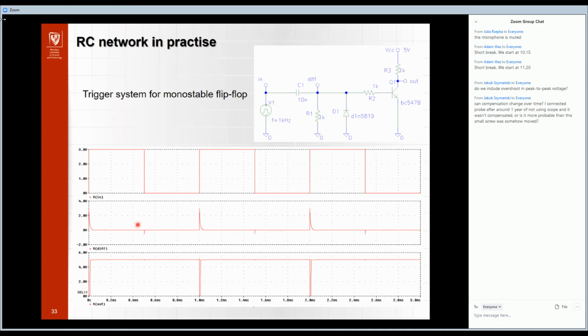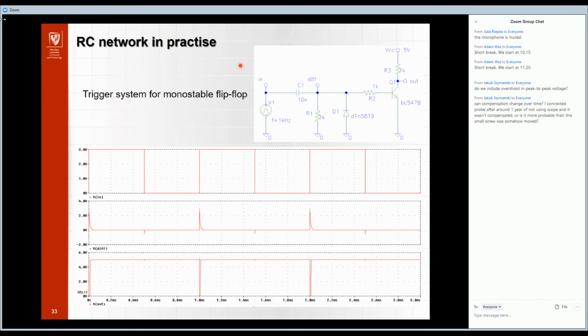This is a Schottky diode, so we have only 0.4 voltage here, and this diode is for saving the transistor, to prevent damage to this transistor by voltage less than 0, and this resistor is only to limit the current for this transistor. In the end, the transistor is on when its signal goes up. So at the end we obtain such pulses.